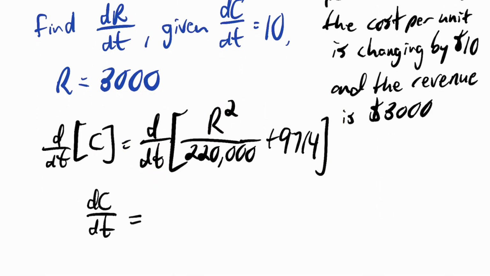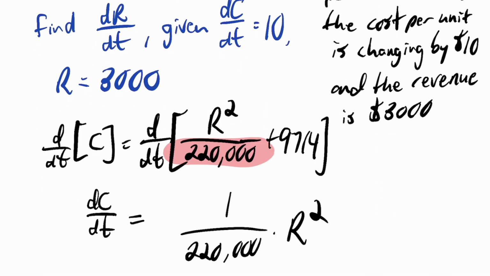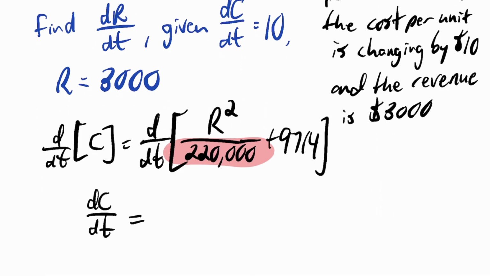When I apply the derivative, another thing I'll point out is that I could have written this as a fraction in front of R squared, 1 over 220,000 times R squared. Then the constant multiple rule would mean that this number just sits here when you apply the derivative. I don't have to write it out that way. I could think of it as a constant divisor rule.